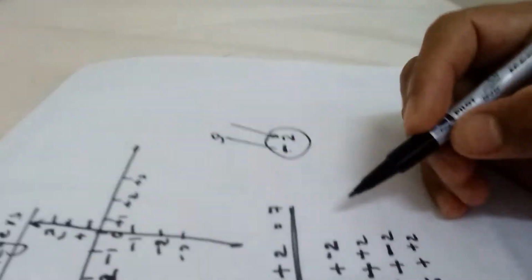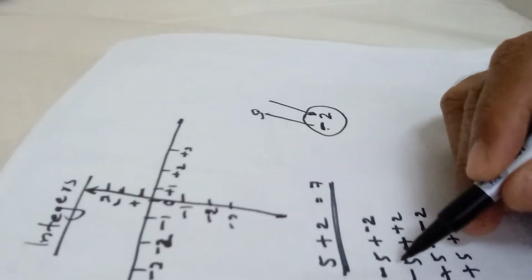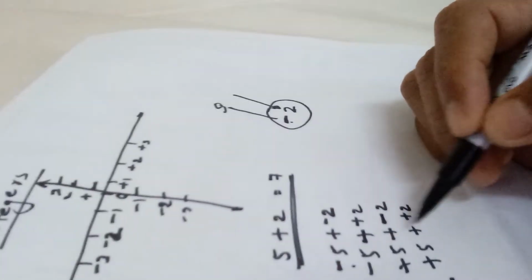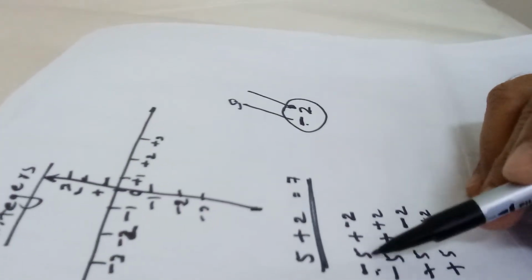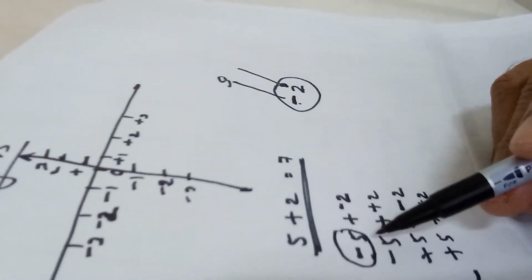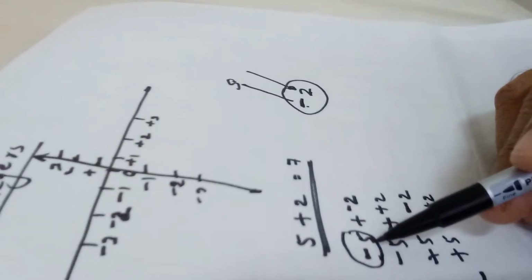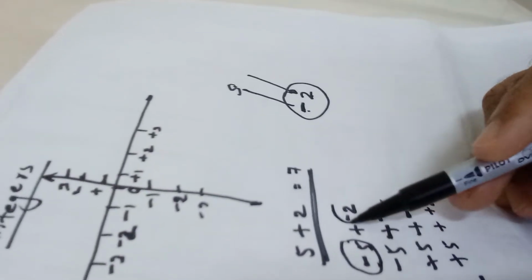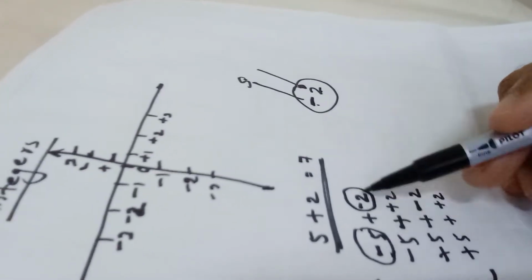How can we add these two integers? Here 4 examples are there. In the first, what is the sign of the 5? Minus. So minus 5, and here is minus 2. These are the same sign.